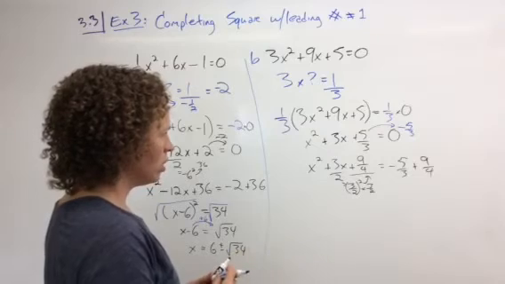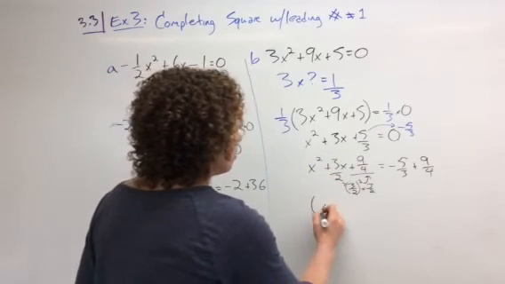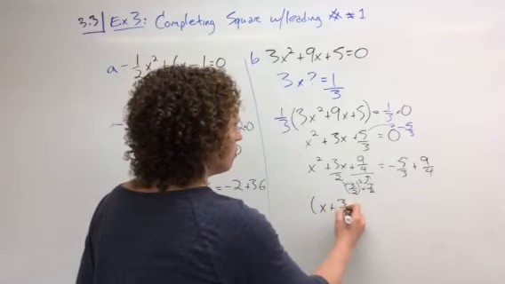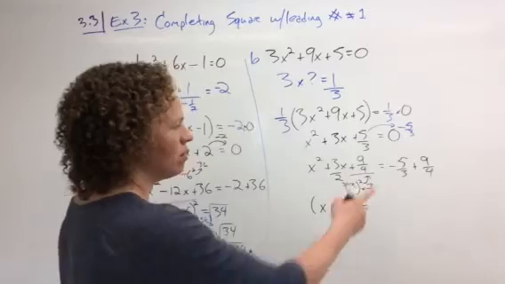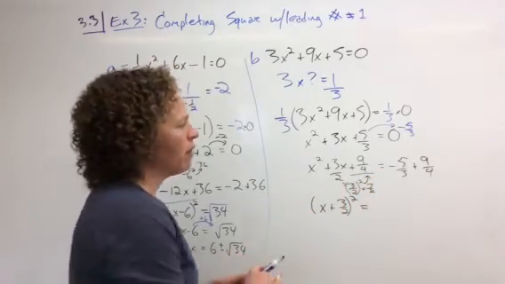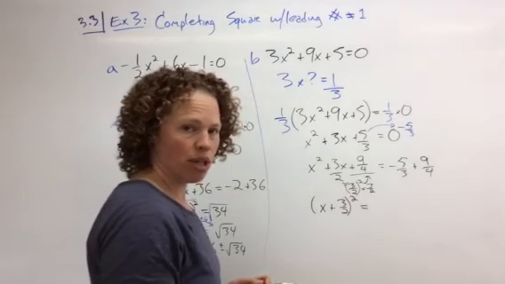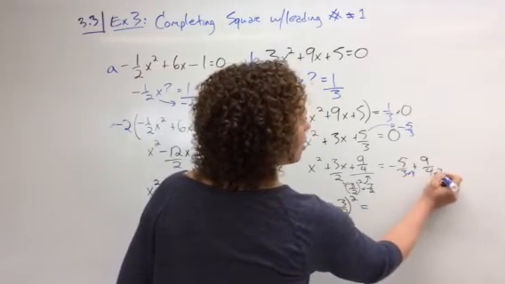So this whole thing reduces to x plus 3/2 squared is equal to, we have to add fractions. Okay, that's not so hard. We just have to make the denominator the same. So 3 times 4, 4 times 3.